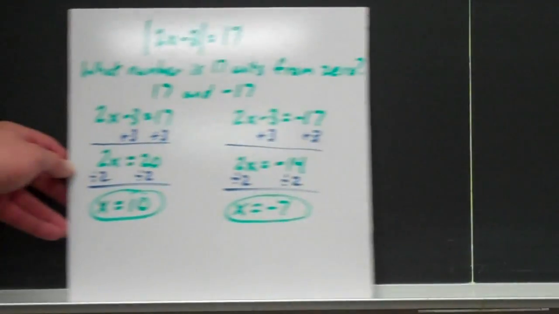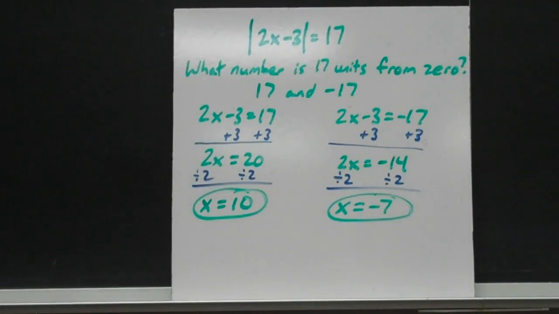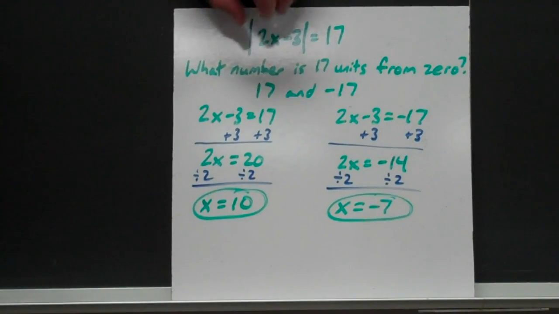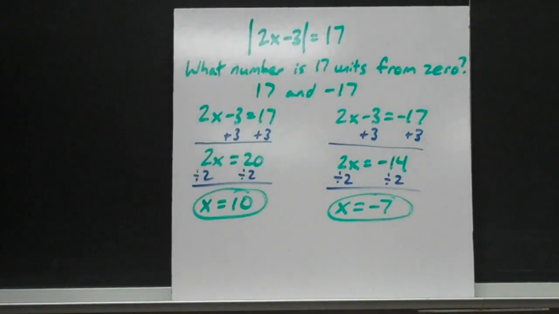And the absolute value of negative 14x would be positive 14x. Once you understand the concept of absolute value, you can start putting it into equations and solving those equations. So for example, here we have the absolute value of 2x minus 3 equals 17. So what we're asking in this problem now is what number, so what can we put in on the left side so that this is 17 units from 0.